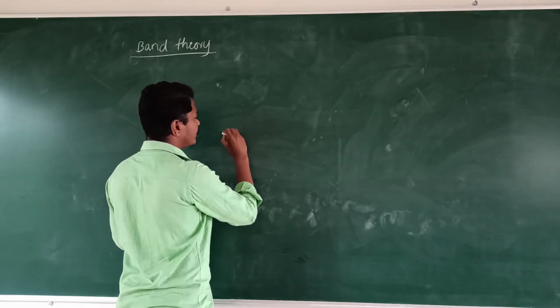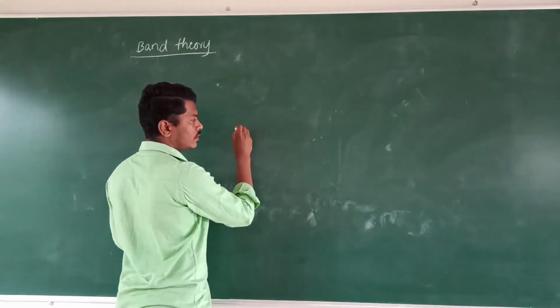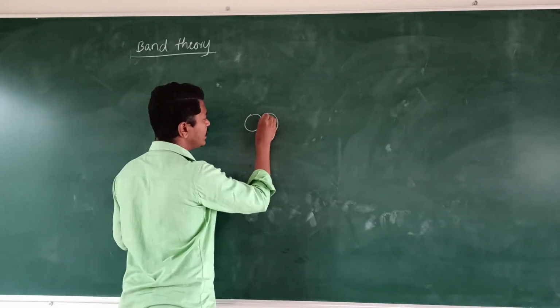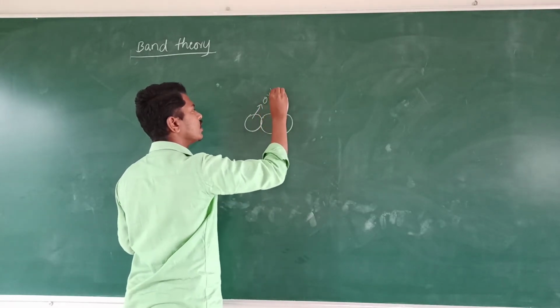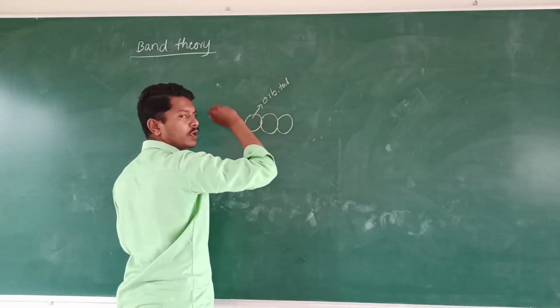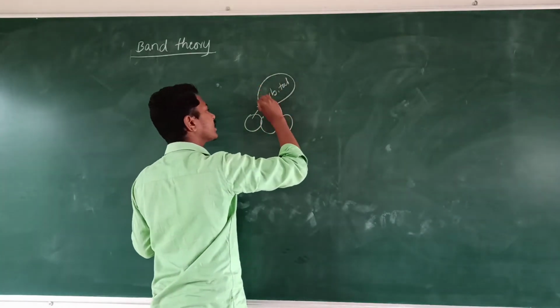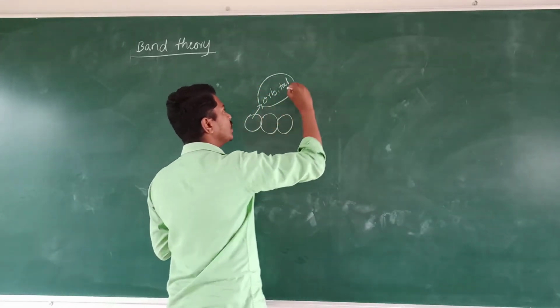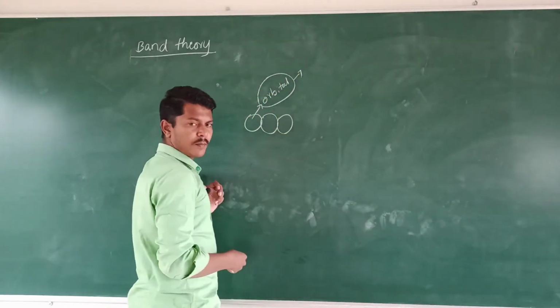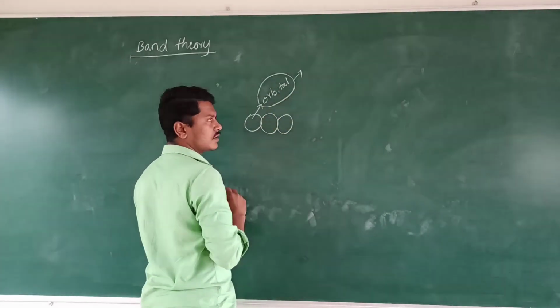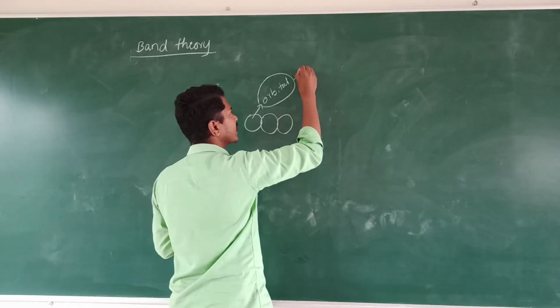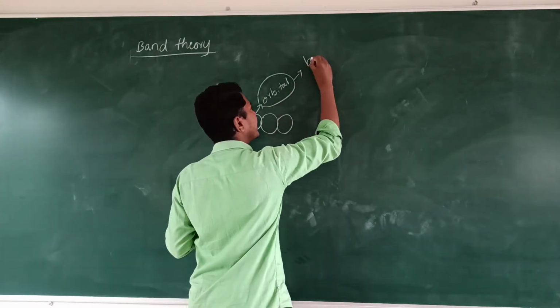The atoms are very close to each other in the lattice, which means the orbitals are also very close to each other in the lattice crystals. The group of orbitals, or valence orbitals, is called a band.